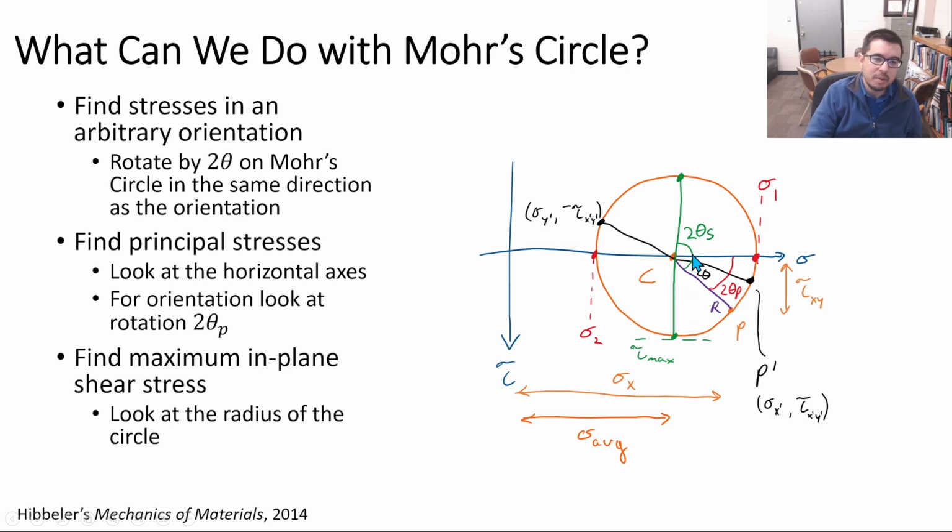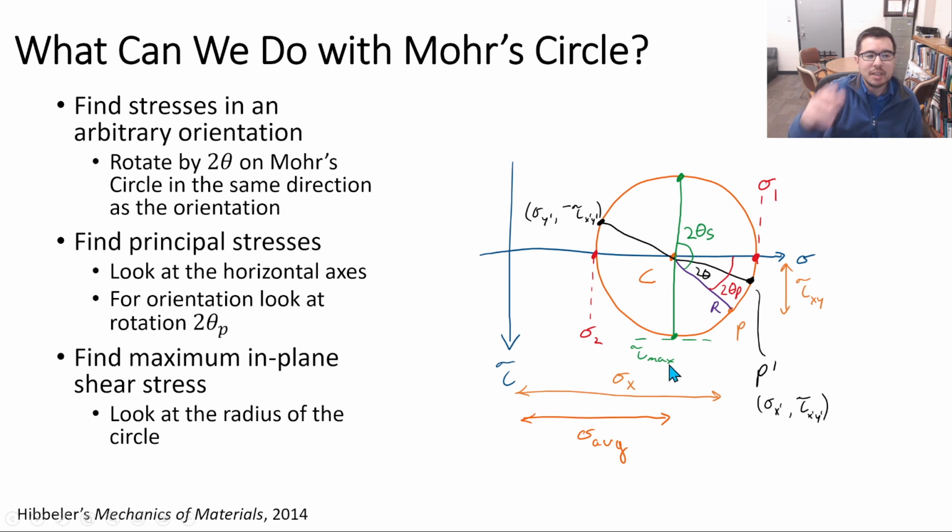Well, it's not. The way we've drawn it, this 2 theta s is going this direction. So if this were sigma x, this would now be sigma x prime up here, and we'd have our tau x prime y prime up here as well, and we have a minus tau x prime y prime down here.